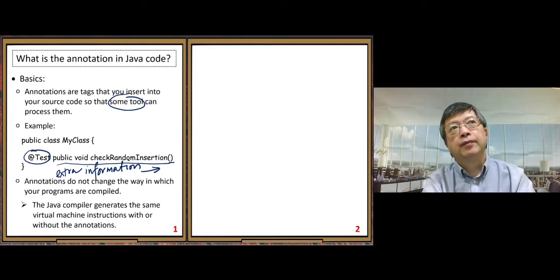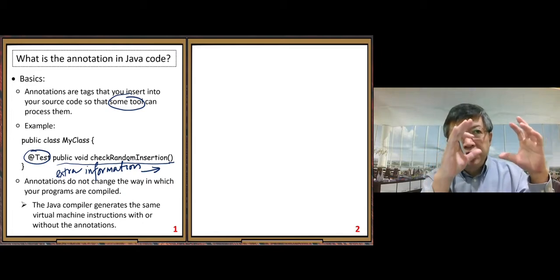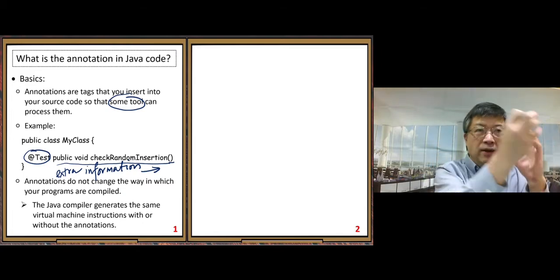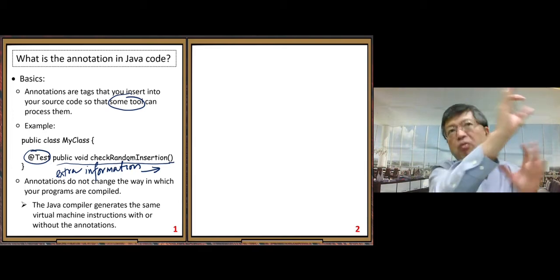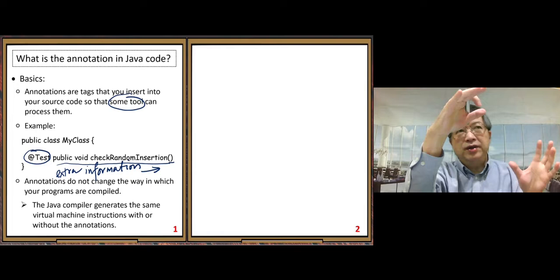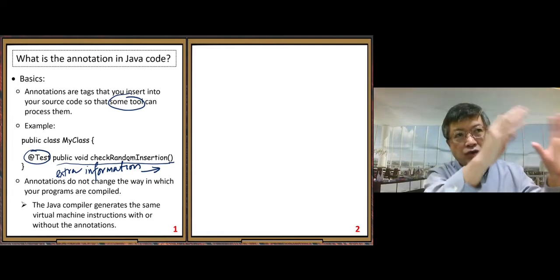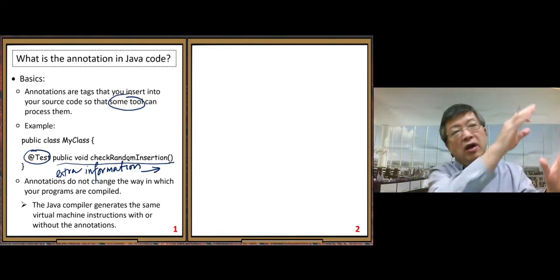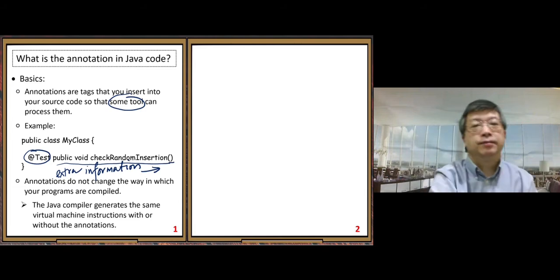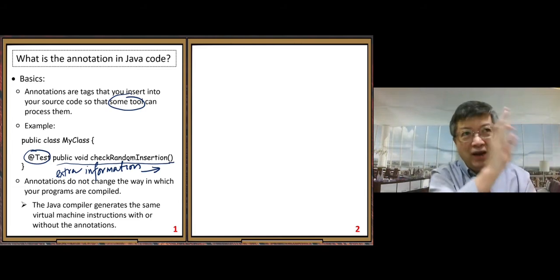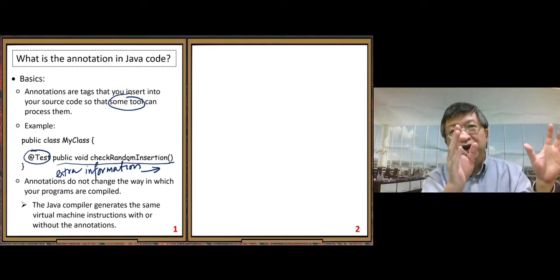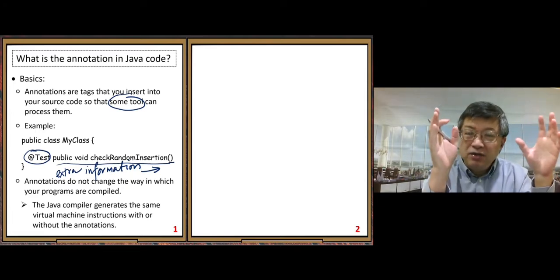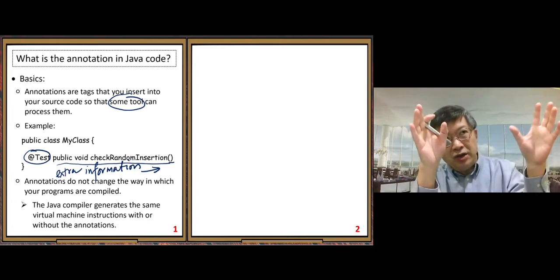The Java instruction part keeps the same, but there is some added annotation information somewhere, separated from the usual Java instruction binary code. Based on that, we try to understand how the whole annotation technology works.